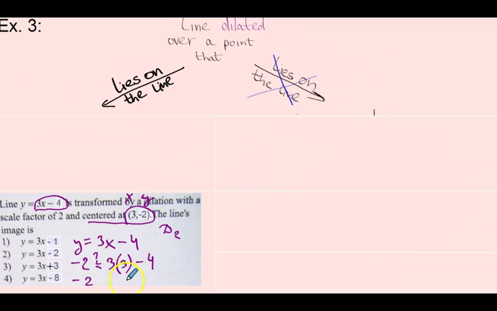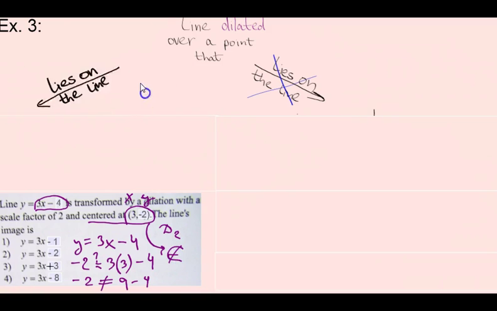Well, 9 minus 4 produces 5. So left and right do not equal. This means that the center of dilation actually does not belong to the line. So we cannot pursue this path.